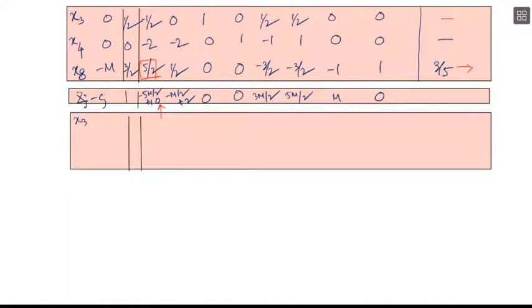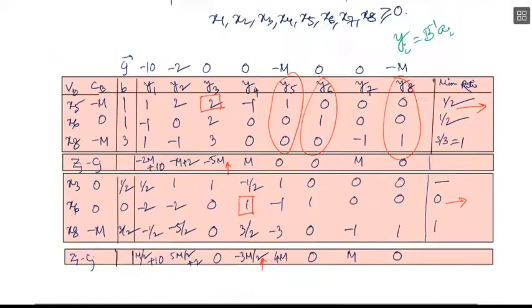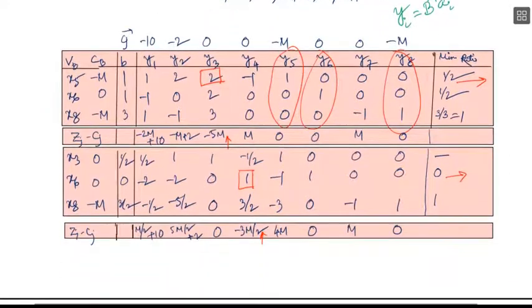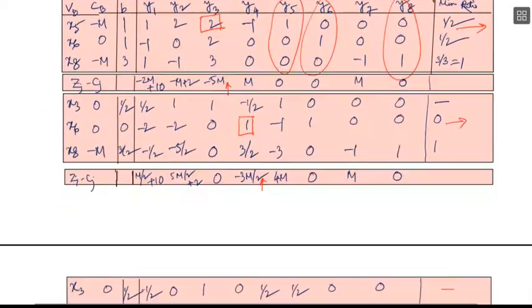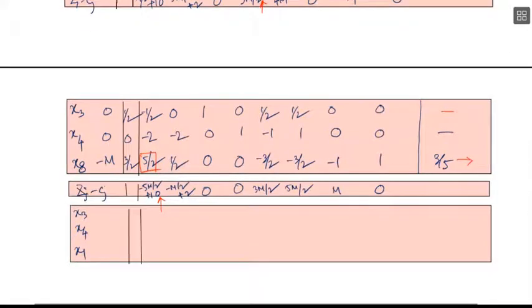So x3, x4 and x1 are the new basic variables with their cost 0, 0 and minus 10. Now we make the key element 1 by multiplying 2 by 5 to each element in the third row.